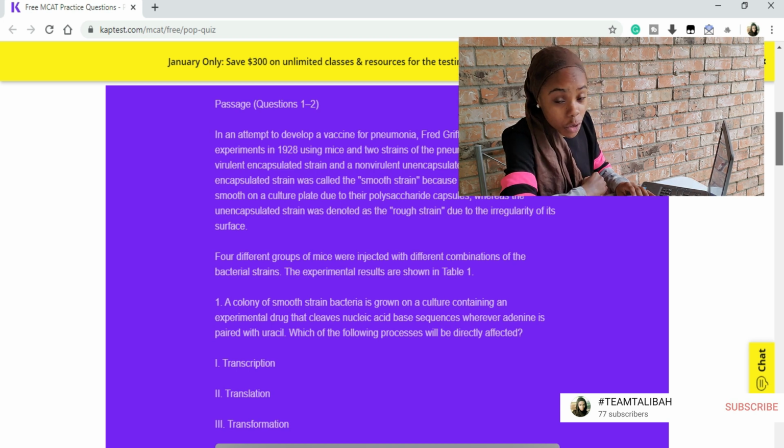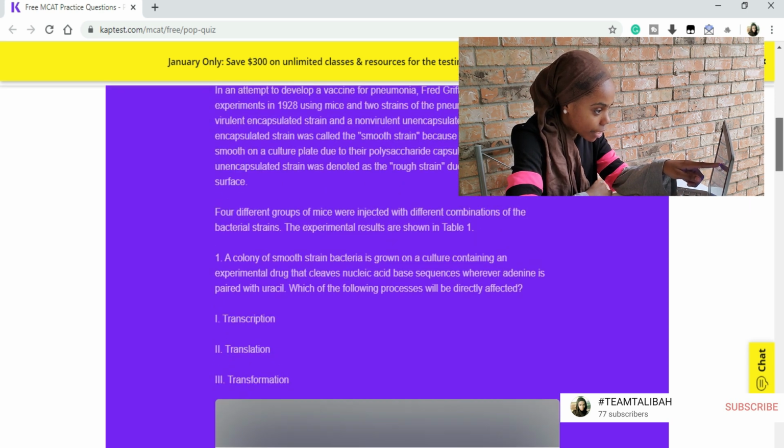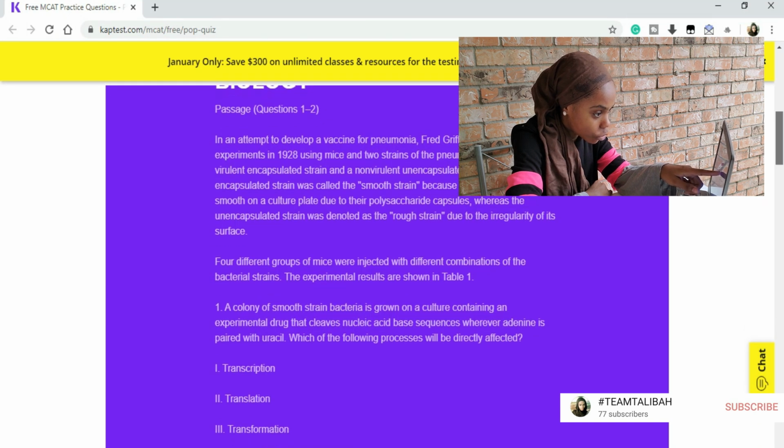Okay, so here's the question. It says, in an attempt to develop a vaccine for pneumonia, Fred Griffith performed a series of experiments in 1928 using mice and 2 strains of the pneumococcus bacteria, a virulent encapsulated strain and a non-virulent unencapsulated strain.